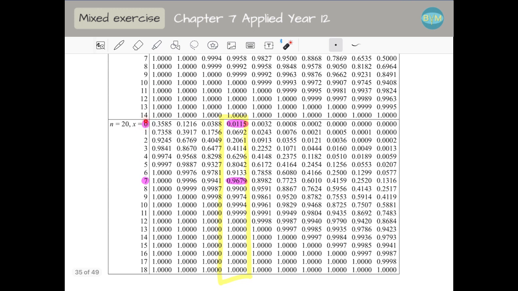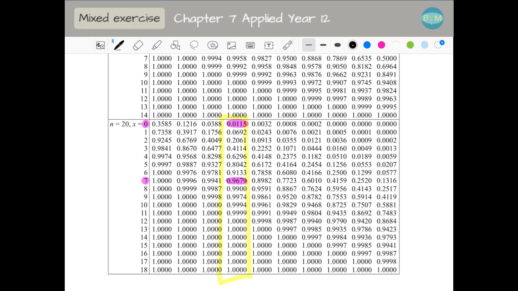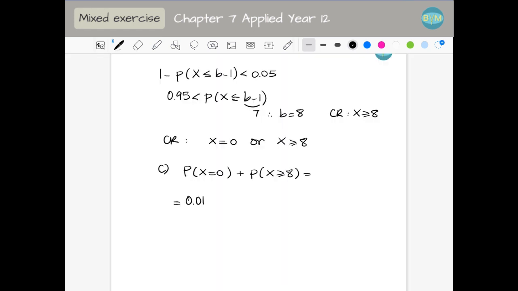So the probability of being 0 is 0.0115, and the other one is going to be 1 minus the probability of X smaller or equal than 7.